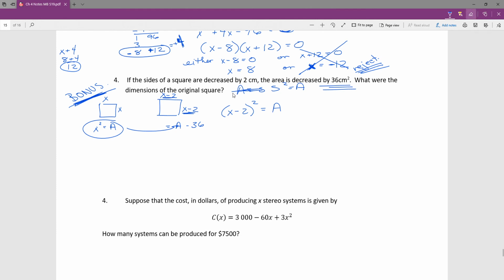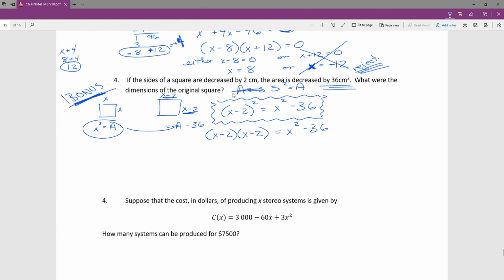So this would be, really confusing everybody now, x squared minus 36. So if you believe me or not, if you were given this equation, you have a lot to do in putting it into standard form. And so what we have going on here is x minus 2 times x minus 2 equaling x squared minus 36.